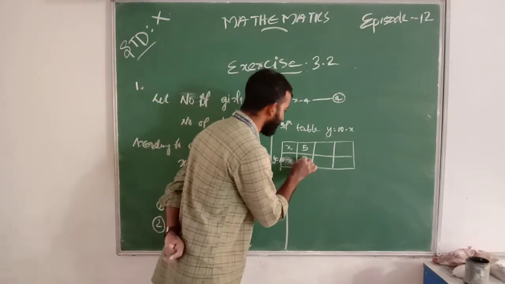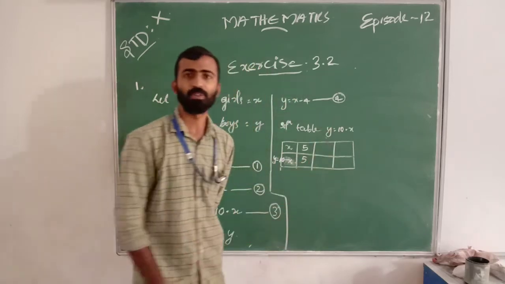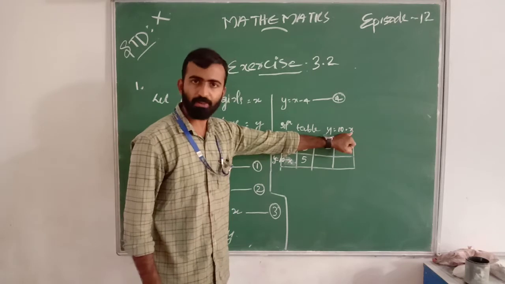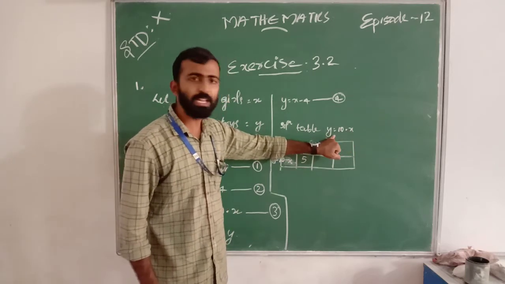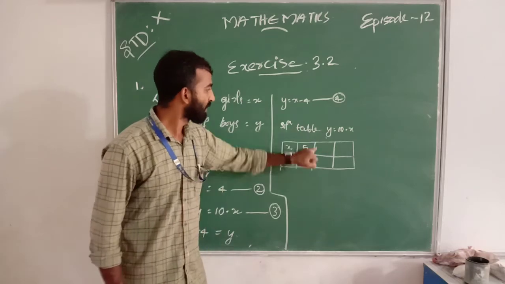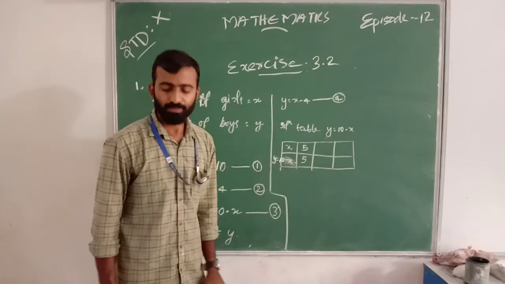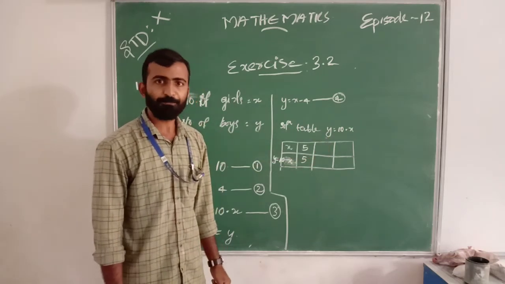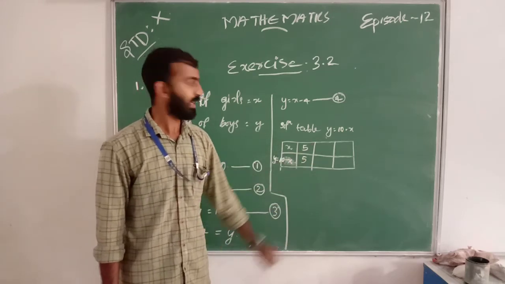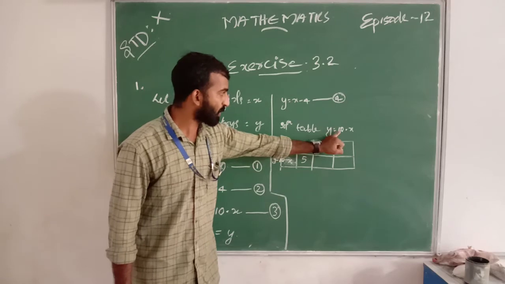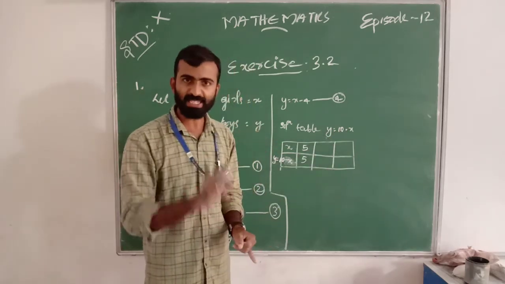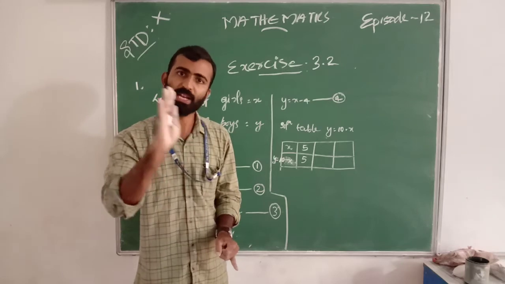So here we get 5. Because when we give x as 5, y equal to 10 minus 5, that is 5. So x is 5 and y is also 5.